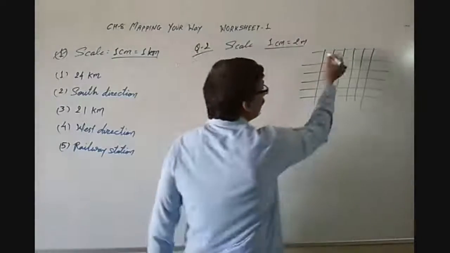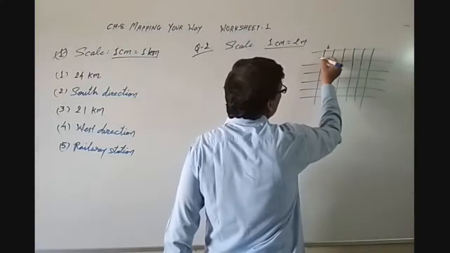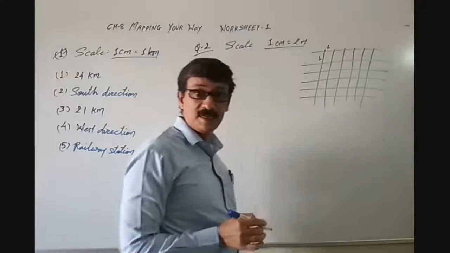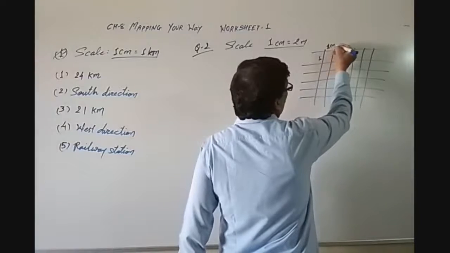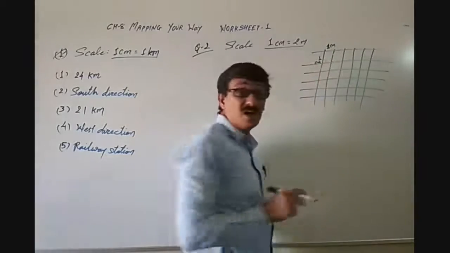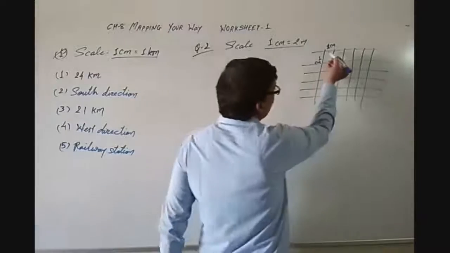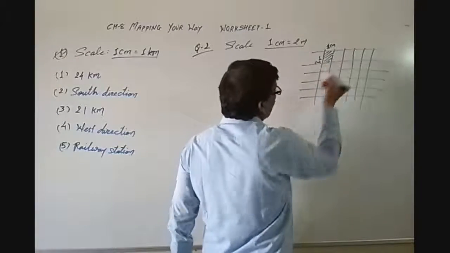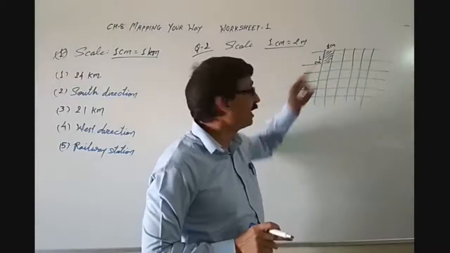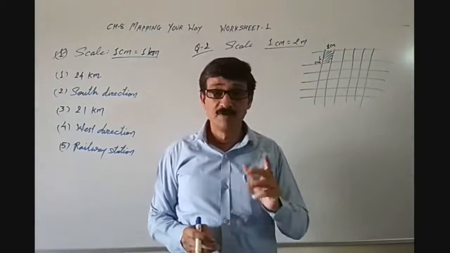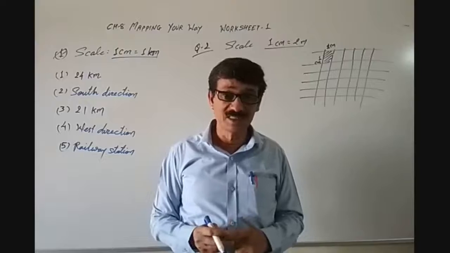Okay, and you can see this is 1 centimeter and this is also 1 centimeter. All these squares have the length 1 centimeter and the width or depth is also 1 centimeter.